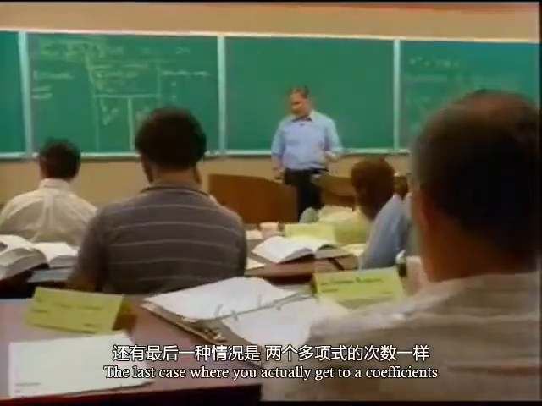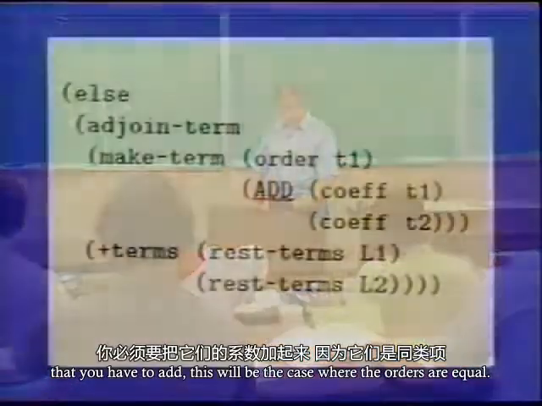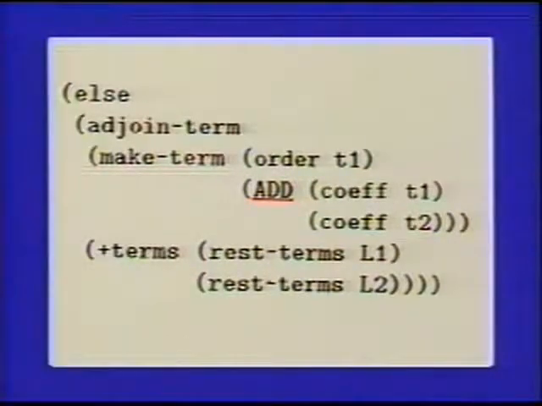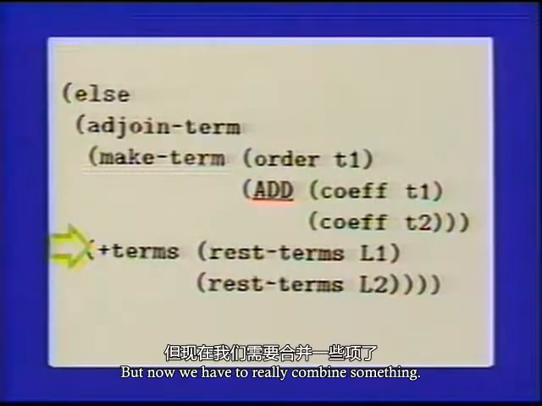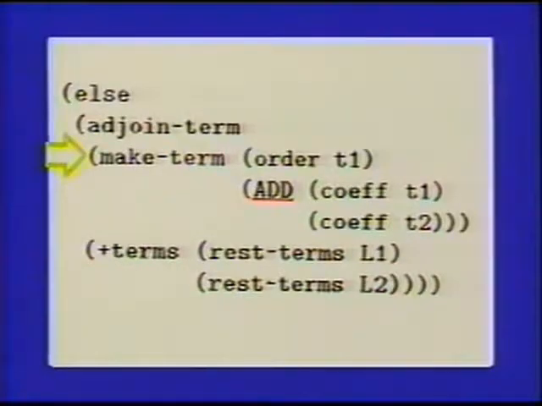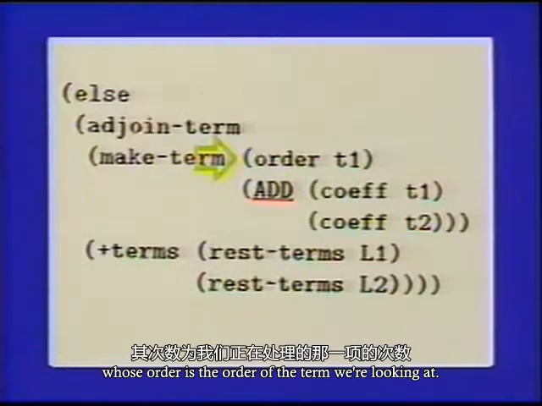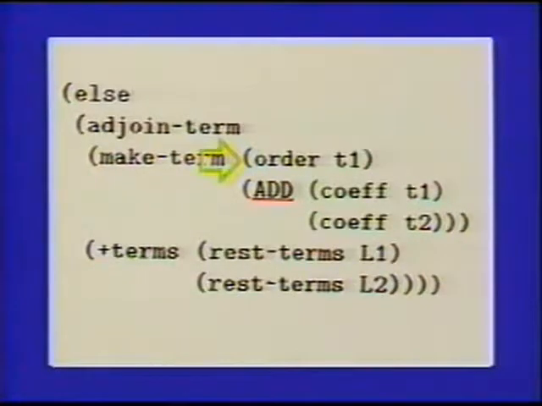The last case, where you actually get two coefficients that you have to add, will be the case where the orders are equal. What we do is, well, again, recursively add the lower order terms, but now we have to really combine something. We make a term whose order is the order of the term we're looking at. By now, T1 and T2 have the same order.